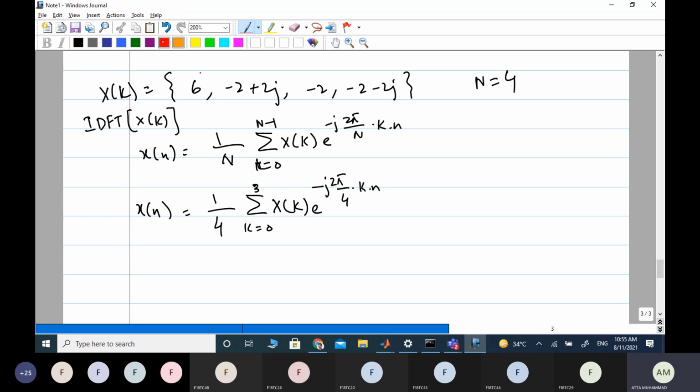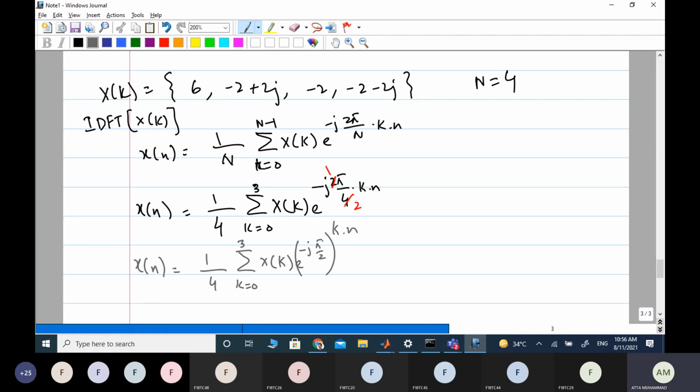Now if I simplify it, what I get is this value. So let us rewrite it: x of n is equal to 1 by 4 summation k equal to 0 to 3 X of k e to the power minus j pi by 2, whole power k times n, right?